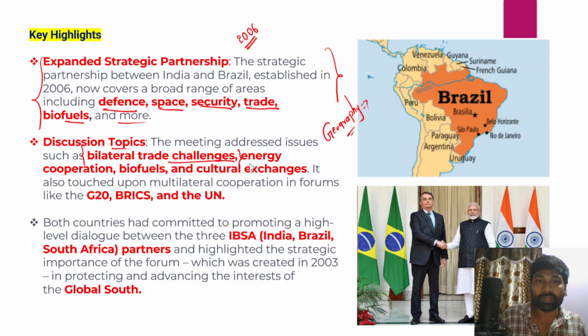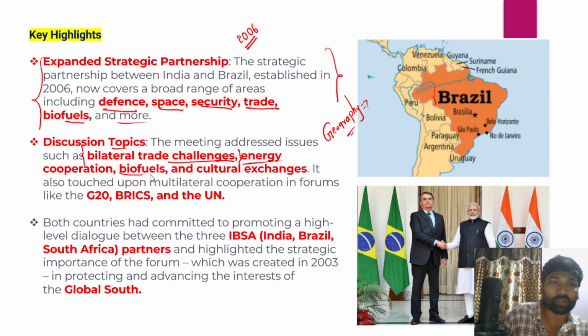And energy cooperation is also another very important area, because remember, Brazil is a country with rich energy resources. So therefore, India is also one of the top energy consumers, the third largest energy consumer in the world. So in this context, energy cooperation is another area that both India and Brazil have been working on together.